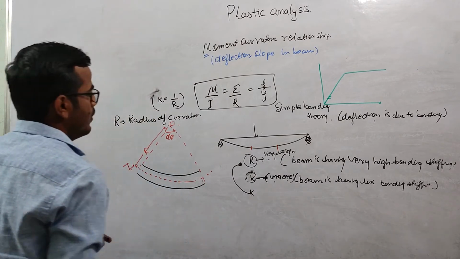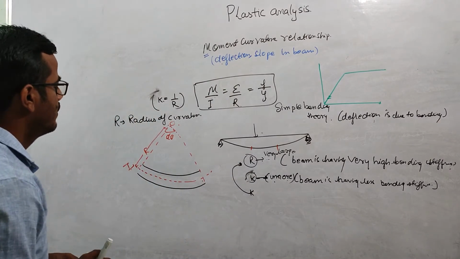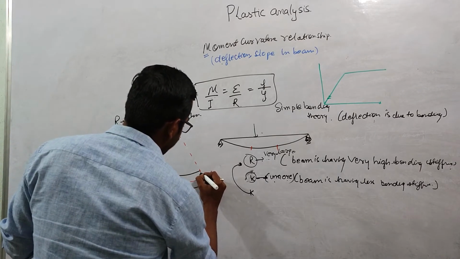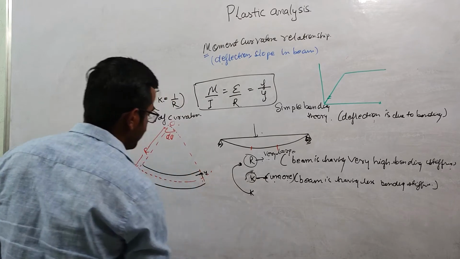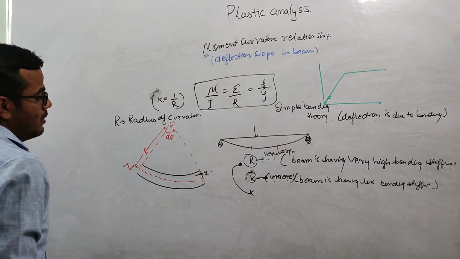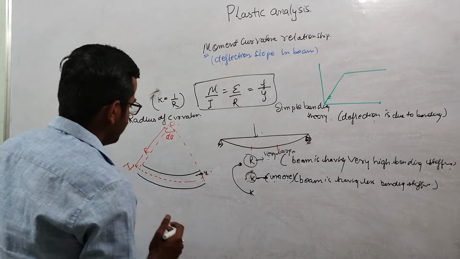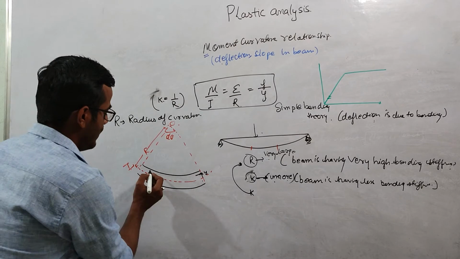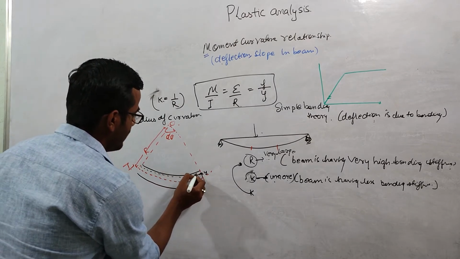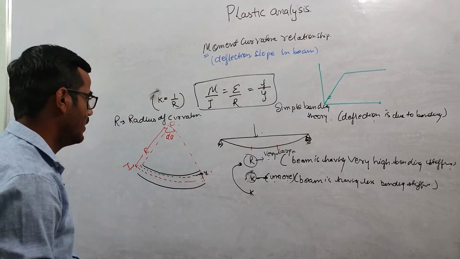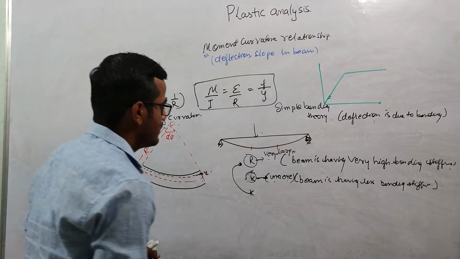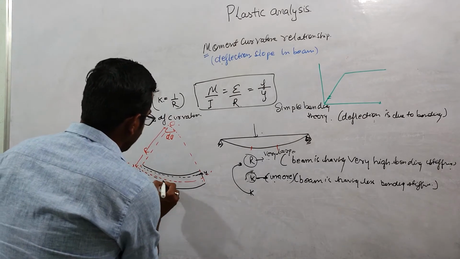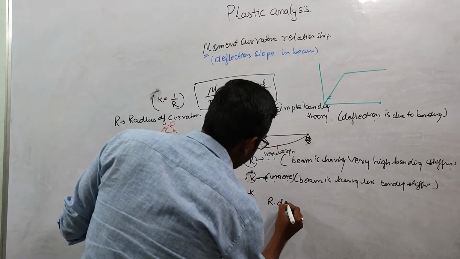Okay, so now let us suppose at a distance y from this neutral axis, let us calculate the strain in this fiber. Okay, at the neutral axis, this is the zero strain axis, and its length is basically nothing but R d theta.